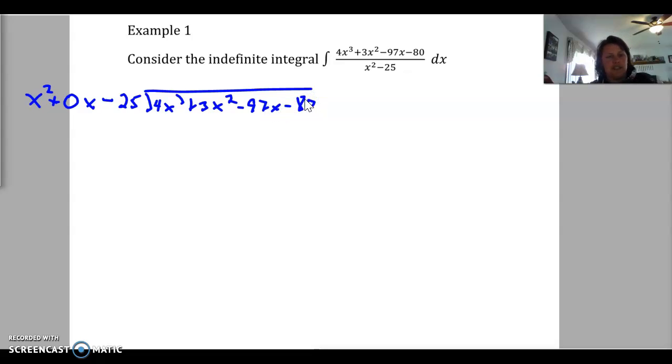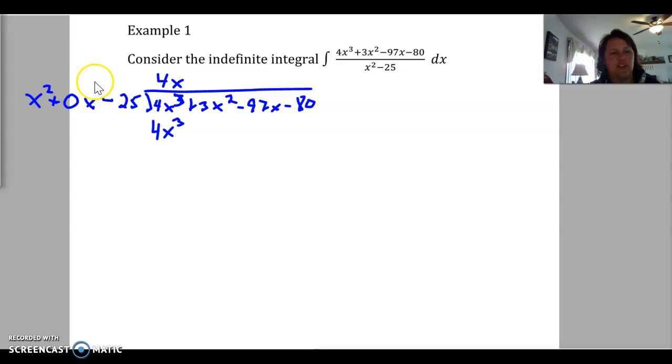First step, what do we need to multiply to x squared to get 4x cubed? That's going to be 4x. So 4x times x squared is 4x cubed.